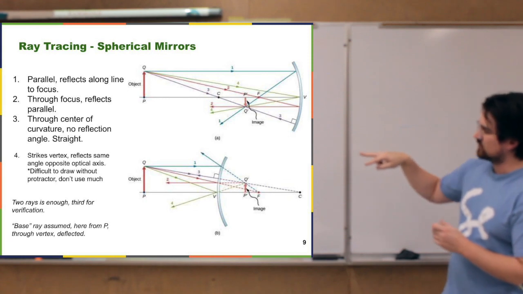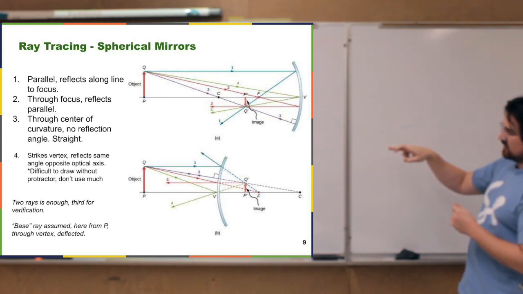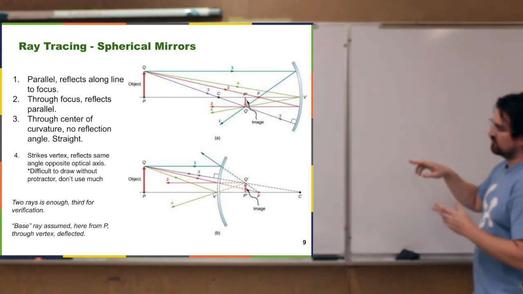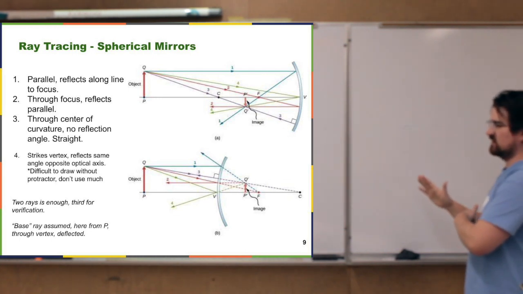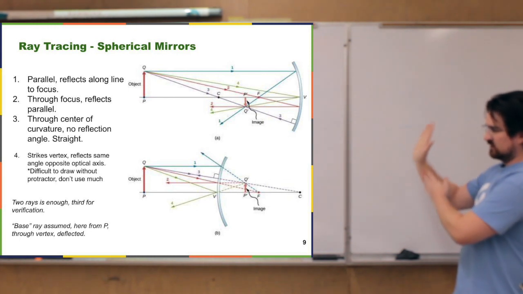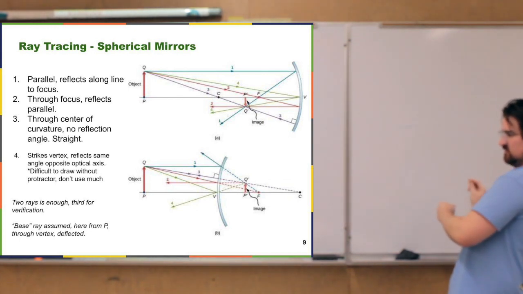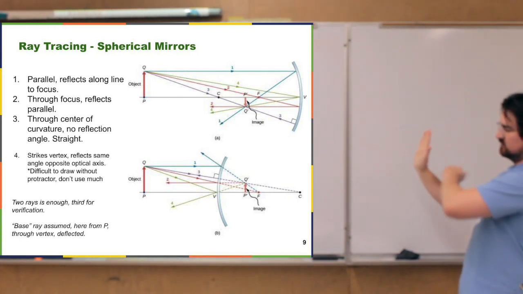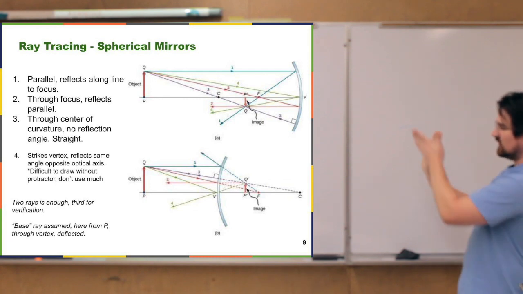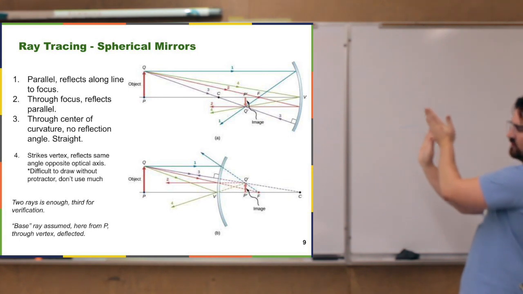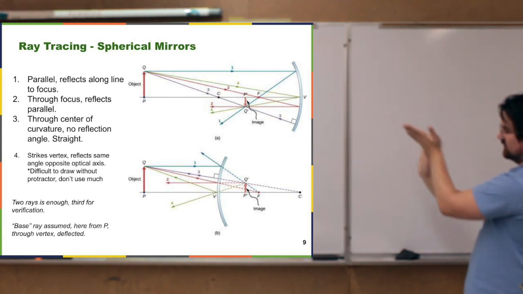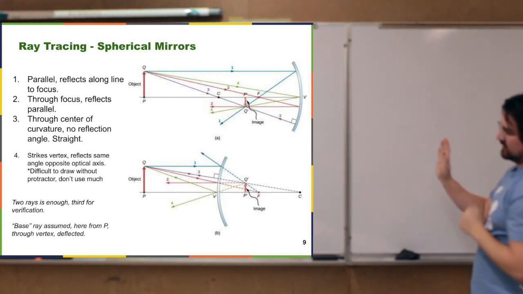Then the first ray we would draw is, again, the ray that comes in parallel, and it's reflected through the focus, but the focus is on the other side of the convex mirror. The focus is on the inner side here. And so we're talking about reflecting along that line that would go from that point to the focus. Right? So it actually comes in and gets reflected along that line and back up.